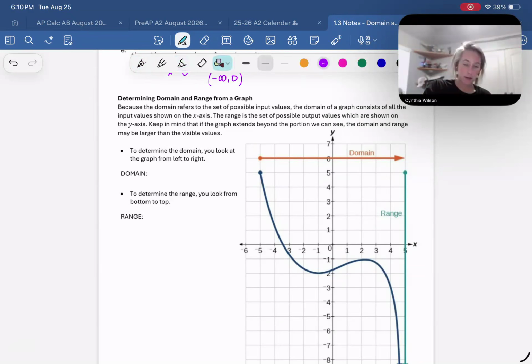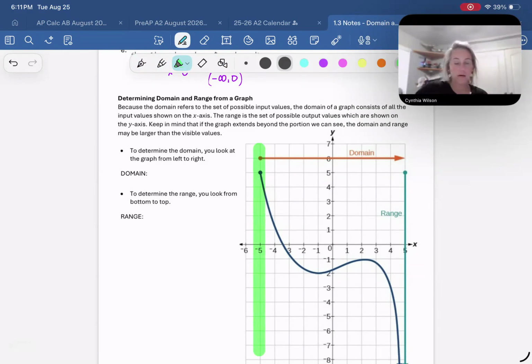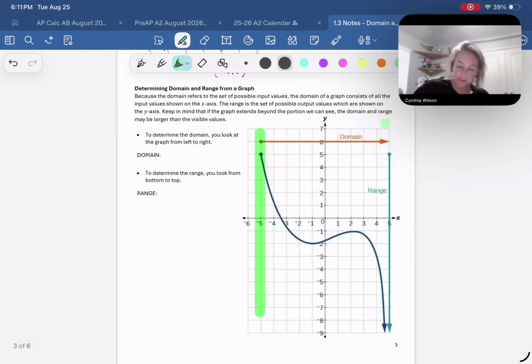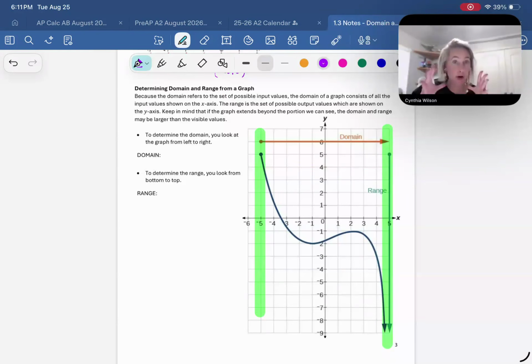And I'm going to look at the very right side of this graph. Now I'm going to try this out with you. I'm trying out a different way of talking about domain and range from the full-on graph, so I want to see if it makes any sense.